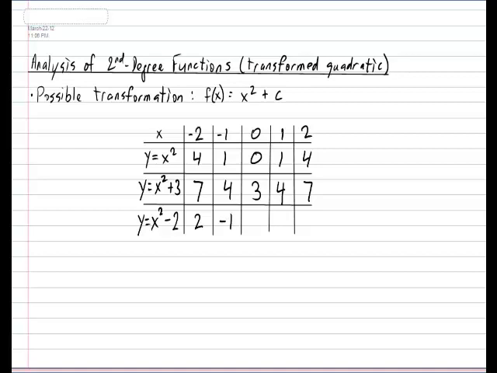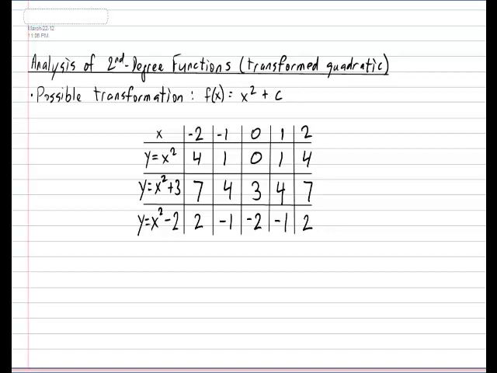Next, when x is 0, y will equal minus 2. Next, when x is 1, y will equal minus 1 again. And the last one, when x is 2, y will again equal 2. Interesting. Compared to the basic parabola, it looks like all the y values lost 2 units. They all decreased by 2.